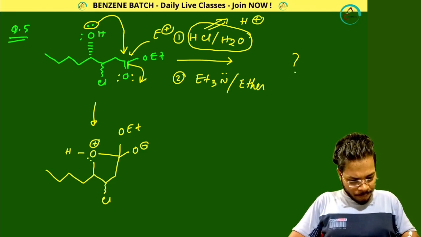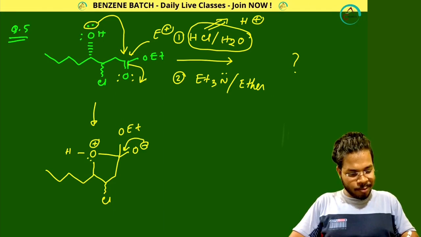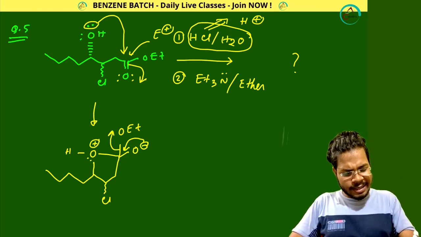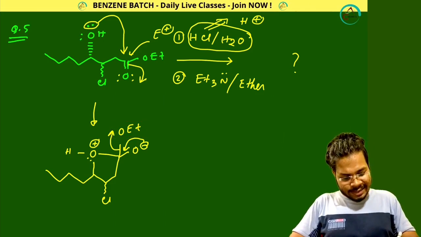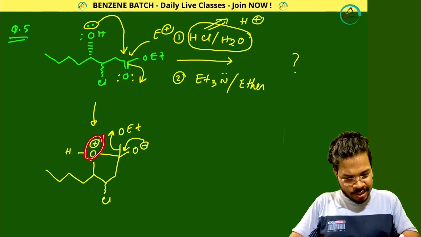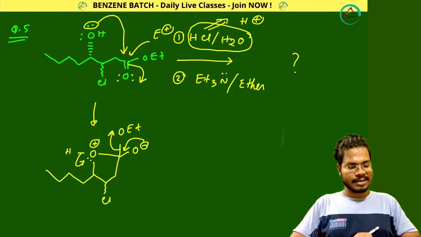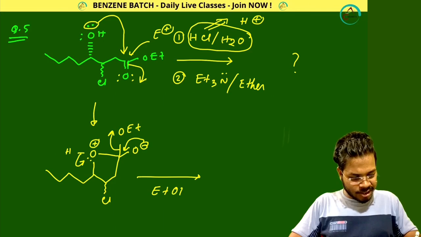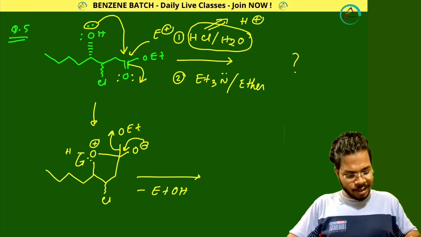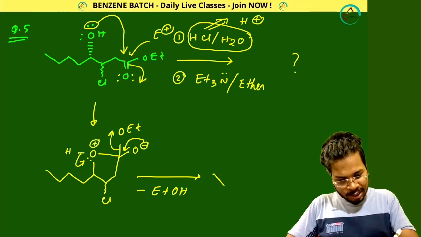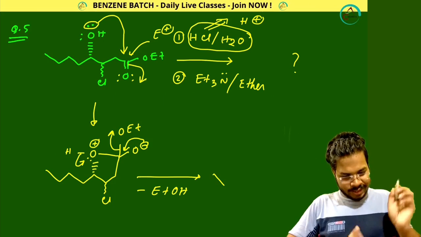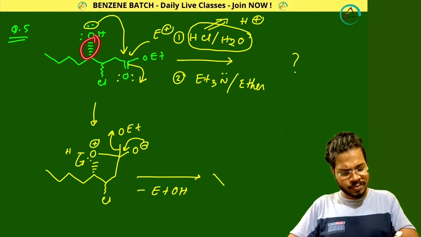So in the next step, what happens? This oxygen will again try to form this double bond, and it will release this OEt minus. Releasing OEt minus is not stable. At the same time, this oxygen also has a positive charge, so it will abstract its hydrogen as H plus. So from here you get H plus and OEt minus. These combine, and this EtOH will leave the system, and whatever you get is this. Let me write this bond as the below bond, because in the reactant it was below.